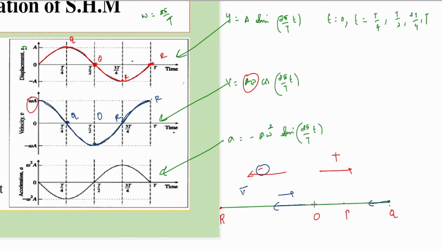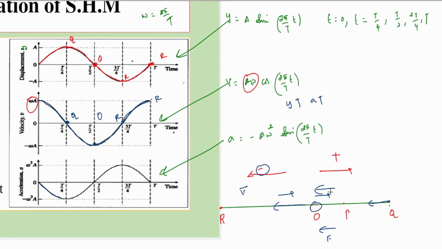Similarly, we can show the graph for A also. When the particle is at point O and goes towards point Q, the net force or the acceleration is towards the center point. So this will be the force direction, but it is in the negative direction. So when the particle moves from O away towards point Q, y is increasing. From this graph, when y increases, A also would increase, but in the opposite direction, because the force is towards the mean position.